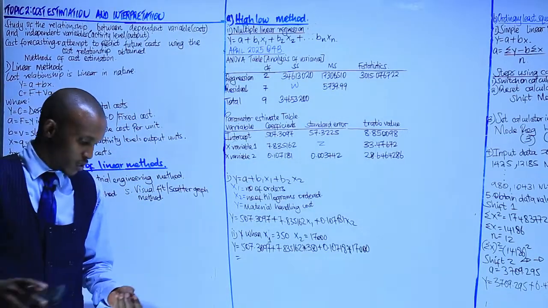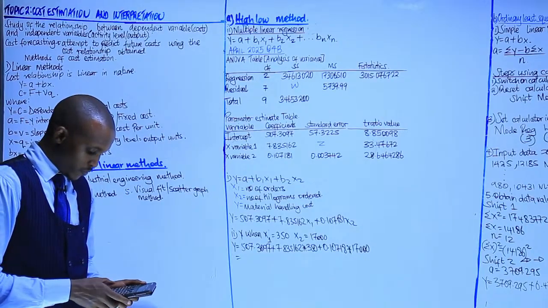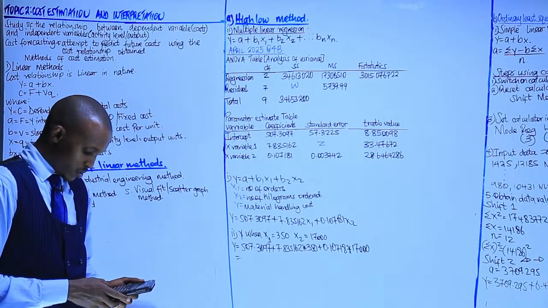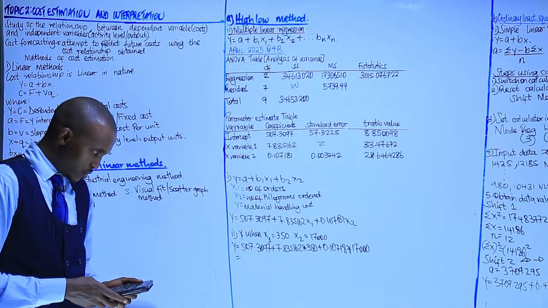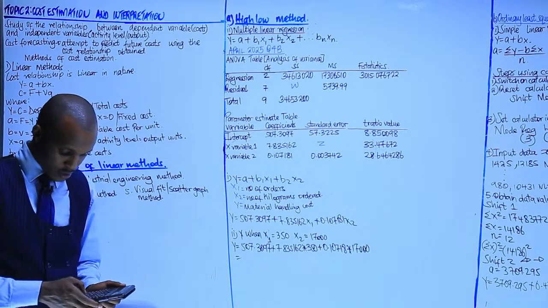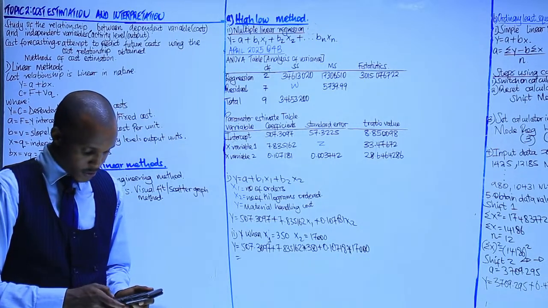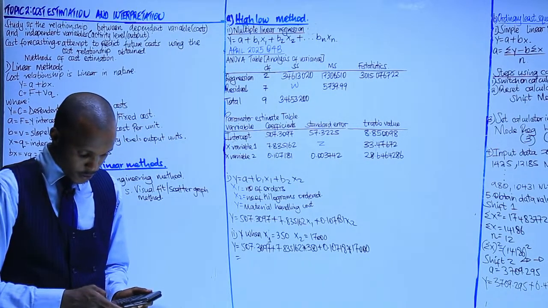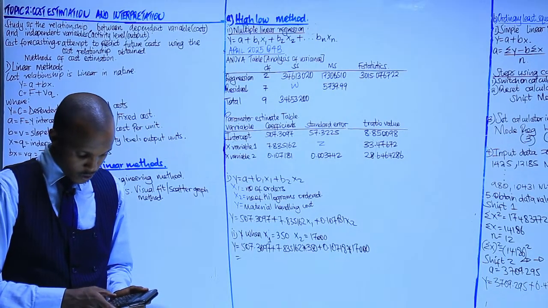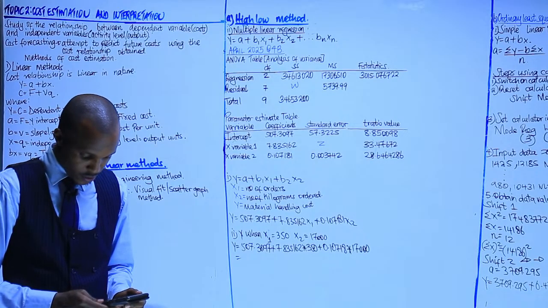So let's work this one out. 507.3097 plus 7.835162 by 350 plus 0.107181 by 17,000.